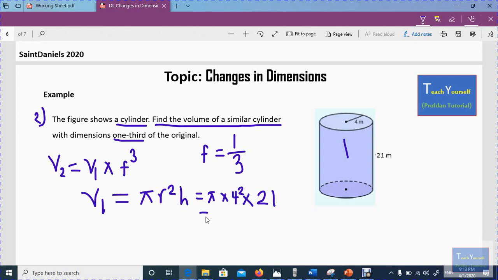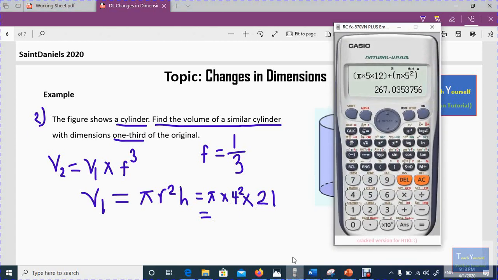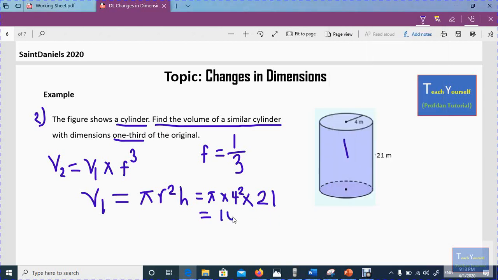So if you use your calculator, you have pi as shift pi, times 4 squared times 21. And your answer is 1055.57. I'm assuming that the question is asking us to find it to the nearest tenths.